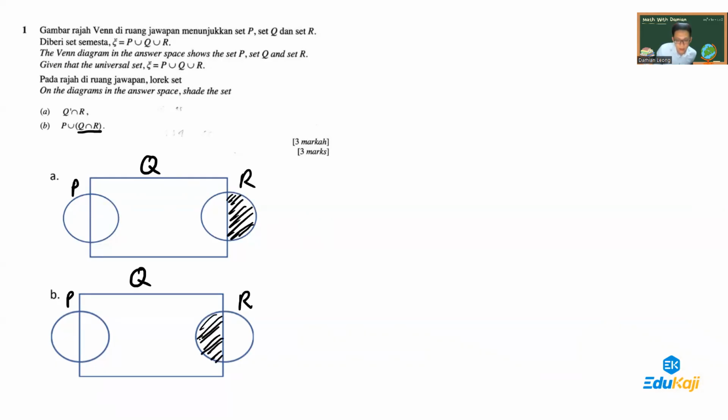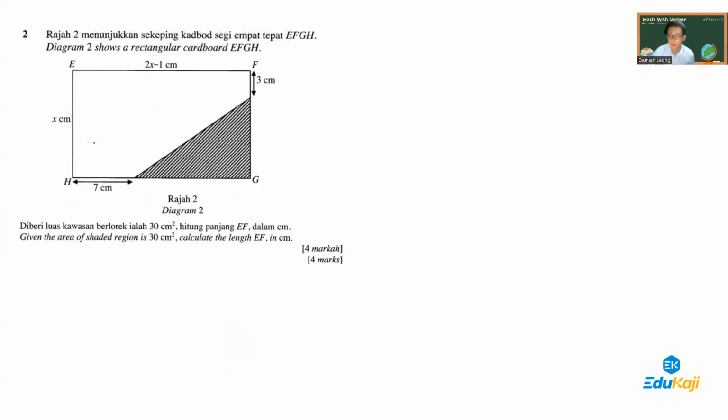Then only union P. Union P means I just add on the whole of P. So the whole circle P, I have to shade. It includes this part inside Q as well, because union means it's just adding on the whole of that set. Yeah, that's for question 1.